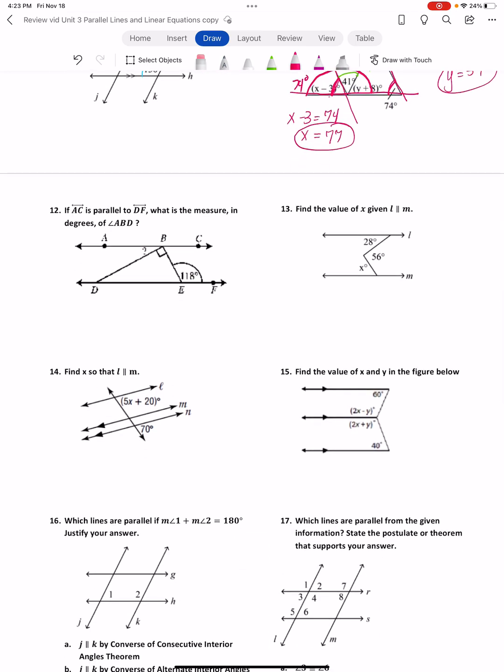This next one, there's a whole bunch of different ways to do this one. I know if this is 118, then this angle here, we know that these lines are parallel, must be 180 minus 118. So this is going to be 62 degrees.